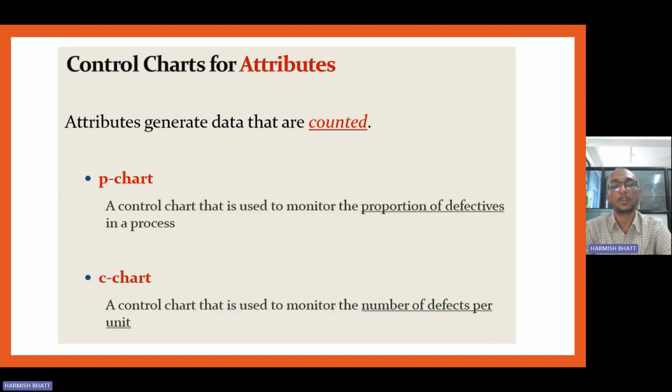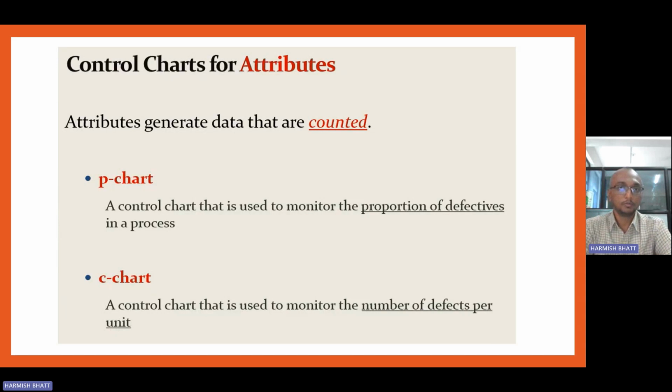We can count the number of cracks on the surface of a workpiece, and on the basis of the limit, we can reject that workpiece if the number of defects or cracks is more than the prescribed limit. And if it is within the limit that we set, then that workpiece will be accepted.